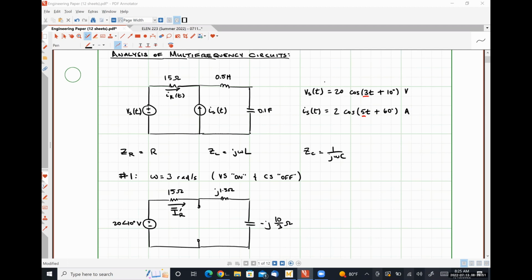How, with this circuit at omega equal to 3 radians per second, could we solve for the current IR prime? Absolutely right. So effectively, Rygen suggested that we use Ohm's law, where the total voltage drop 20 angle 10 degrees volts occurs over all 3 of those impedances, which are connected in series effectively.